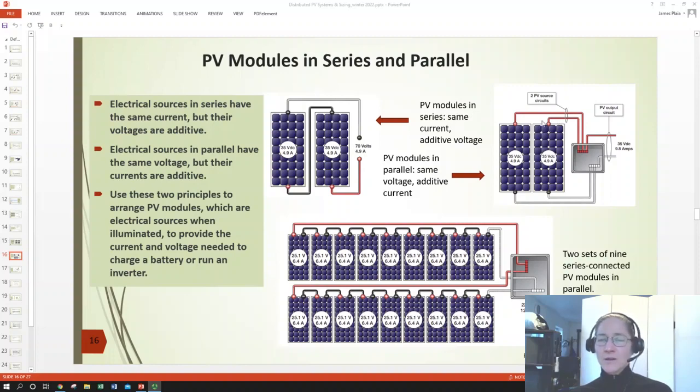Likewise, in parallel, we'll have the same voltage, but we'll double the current. And if you have an inverter or a charge controller where you need to supply it with a certain voltage, you can arrange the panels in your array such that your final net voltage is what you need, and you up the current to give yourself the power that you need.